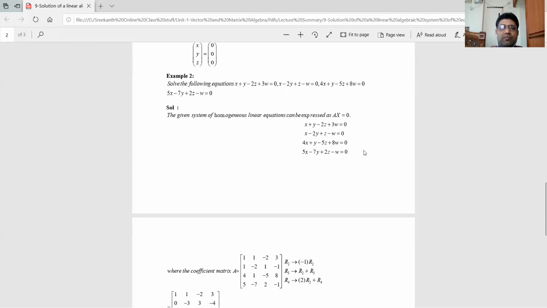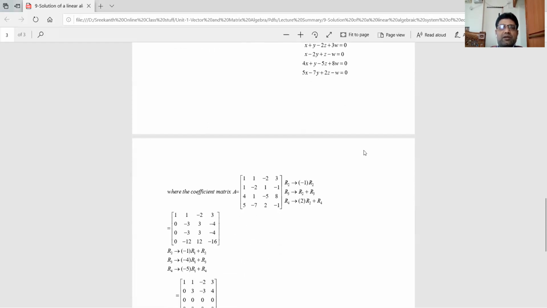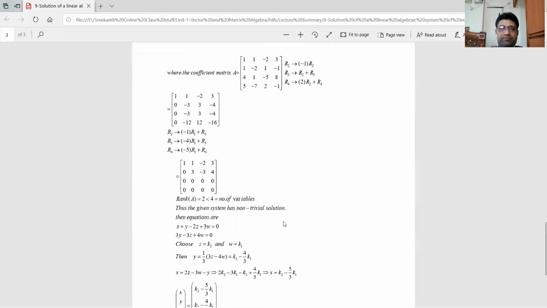Now the procedure is, first write the coefficient matrix. This is the coefficient matrix: 1 1 minus 2 3, 1 minus 2 1 minus 1, 4 1 minus 5 8, 5 minus 7 2 minus 1. Now I have to find the rank of this matrix by reducing it into echelon form.